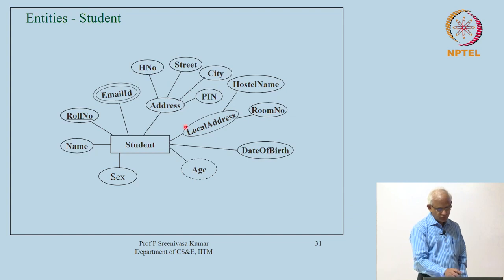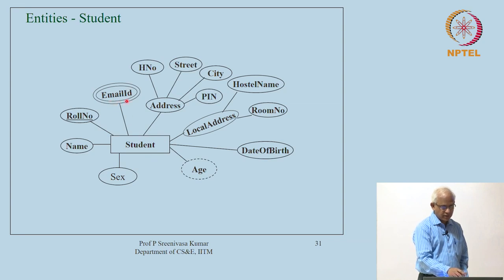So, here is how the student entity is modeled. You have seen it already. The name is just as per the writing there, we ignored that name has any other components, we just named it as name. Roll number is unique. So, we underline the key attribute, because its value can be used to uniquely identify the student entity.